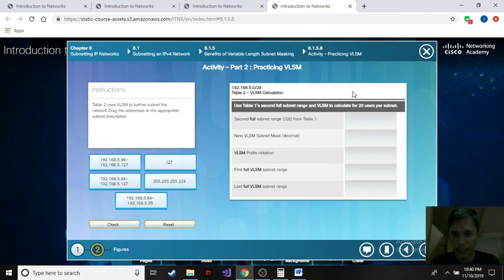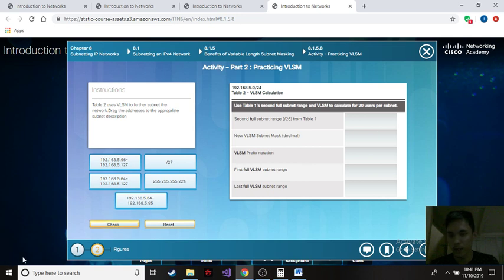In this part 2, we use the second full subnet range and VLSM to calculate for 20 users per subnet. So we are given 20 users per subnet, and the first thing we need to identify is the second full subnet range from table 1.